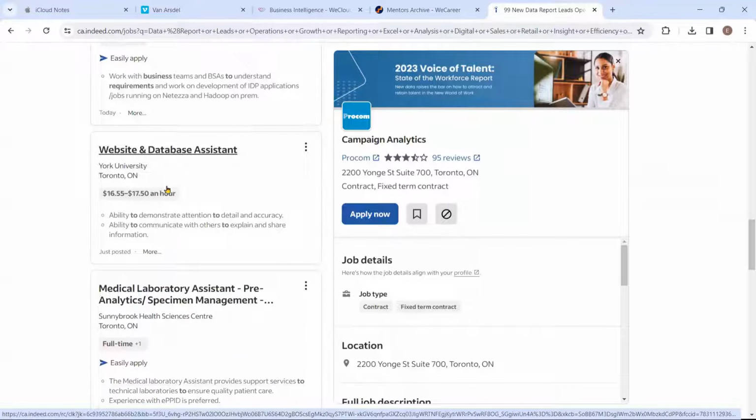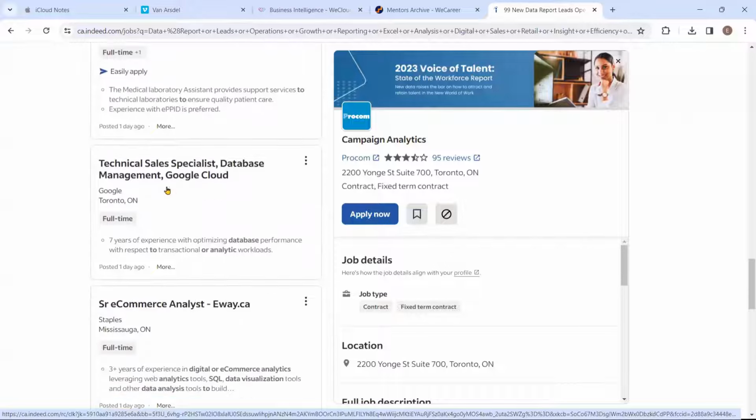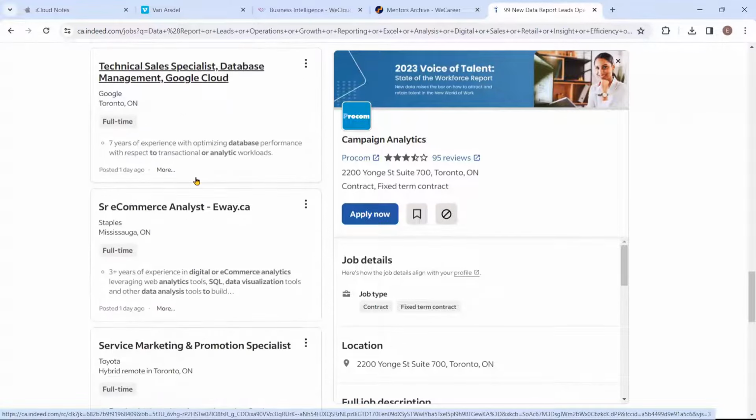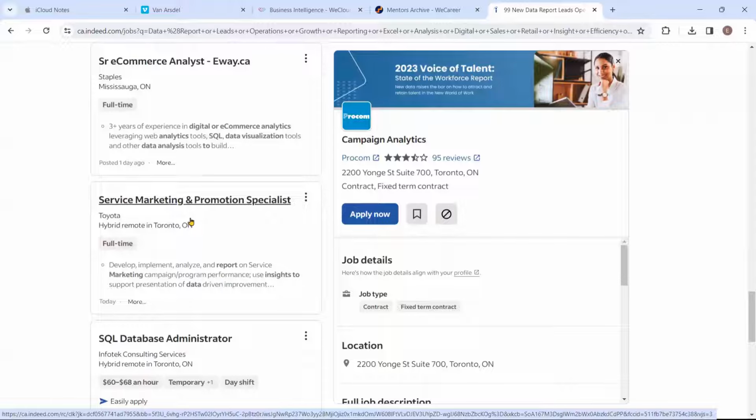So this is university education, website and database assistant. Sunnybrook, so this is healthcare, hospital. Medical laboratory assistant, pre-analytics. Google, so everybody knows Google. Technical sales specialist, database management, Google Cloud. Staples again, Toyota dealership.